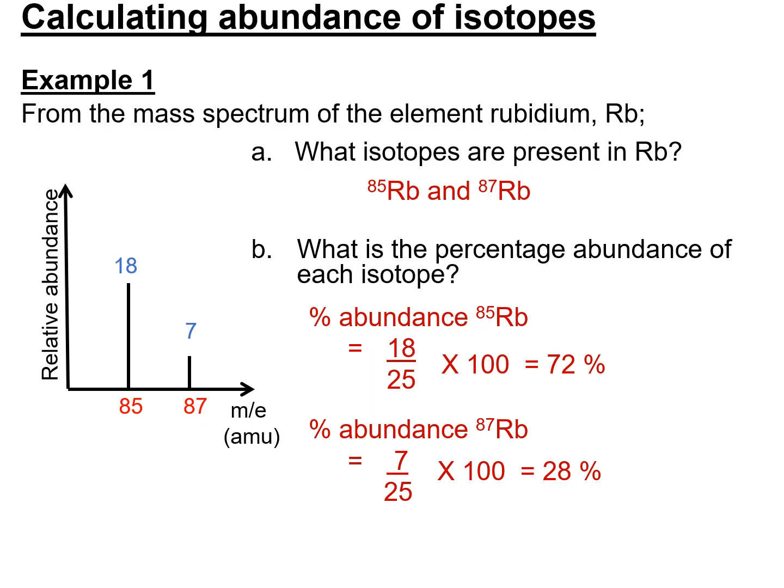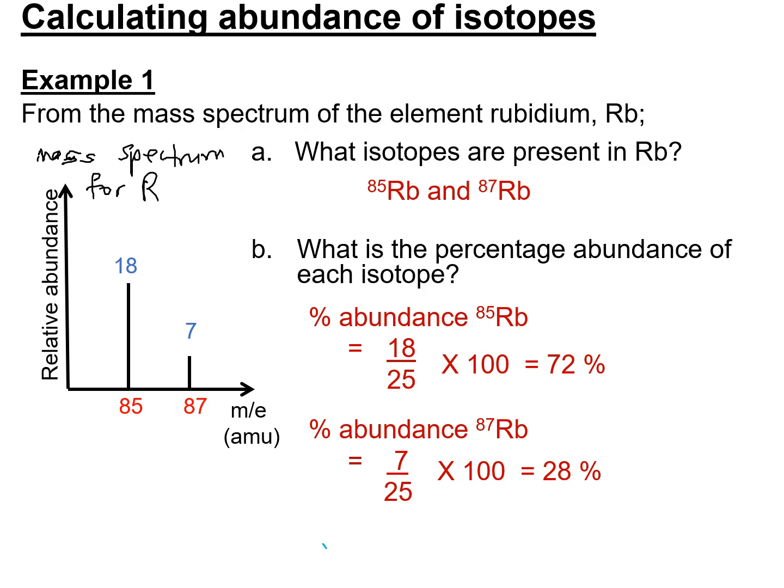Next example. Contohnya, if let's say you ada mass spectrum of rubidium. Okay, so this is mass spectrum untuk rubidium.